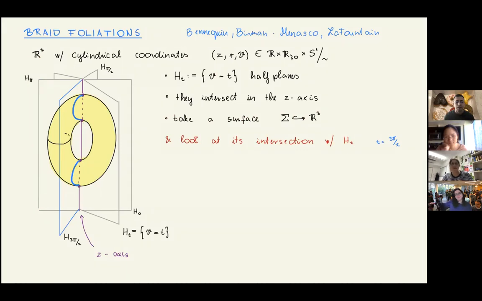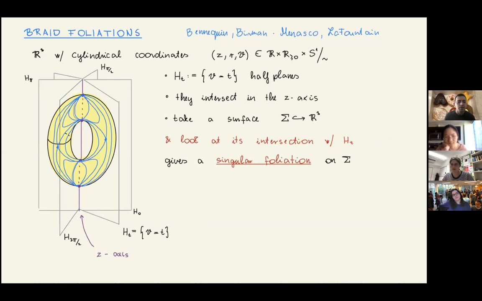And then when I'm looking at all these intersections, I'm getting this singular foliation on my surface, which is now a torus. So this foliation has singularities. There is a singularity, for example, on the top, which I'm going to call a node or elliptic point.